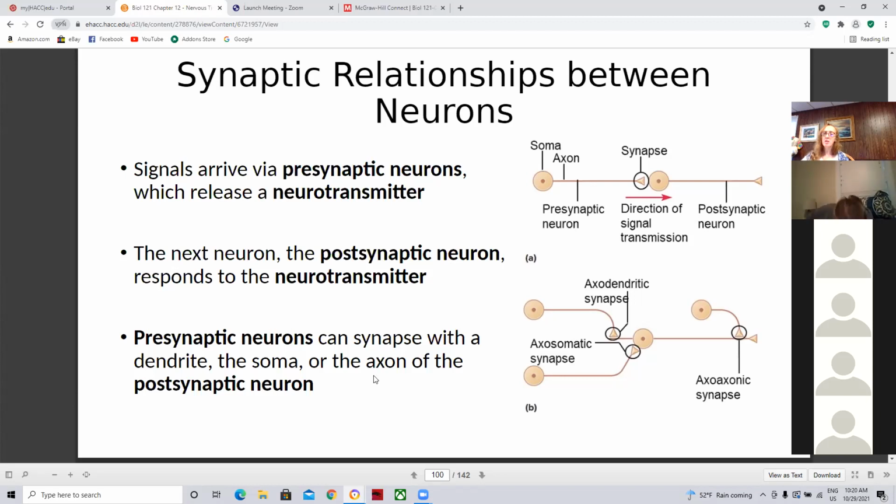The presynaptic neuron can synapse with the dendrite, the soma or the axon of a postsynaptic neuron. Presynaptic neuron before the synapse releases a neurotransmitter. The postsynaptic neuron, the neuron after the synapse, is going to respond to the neurotransmitter.